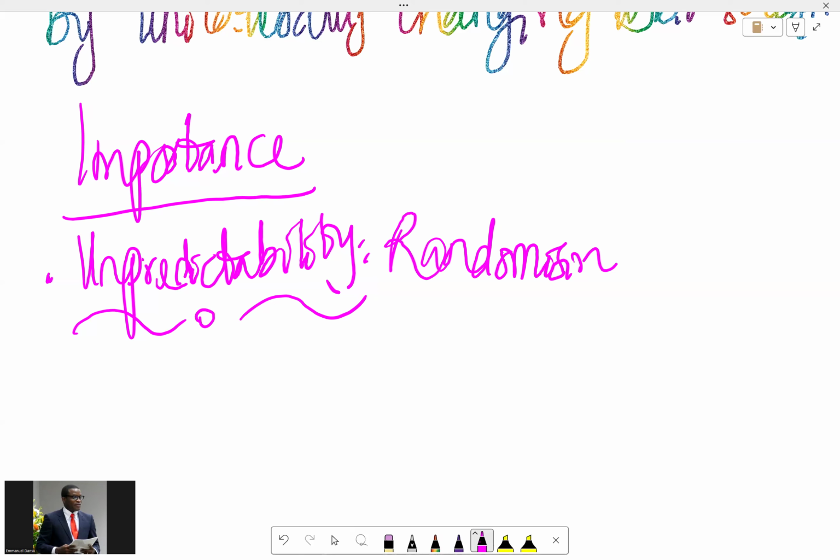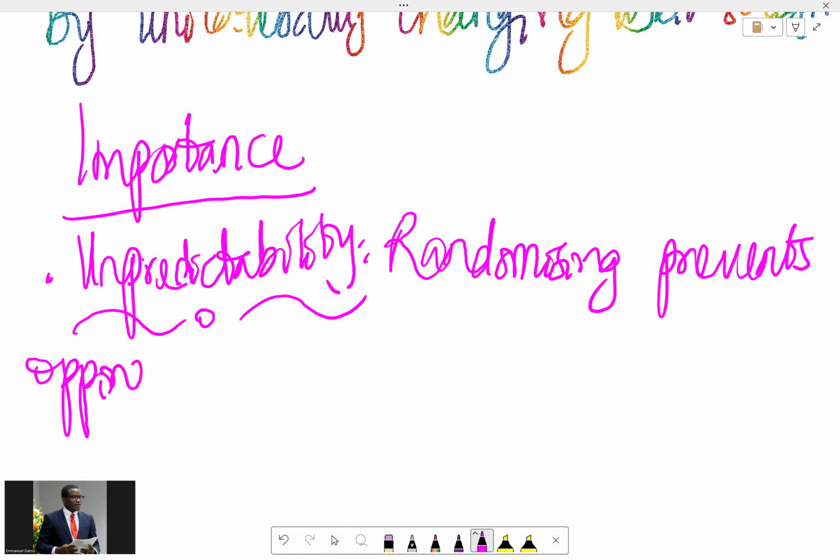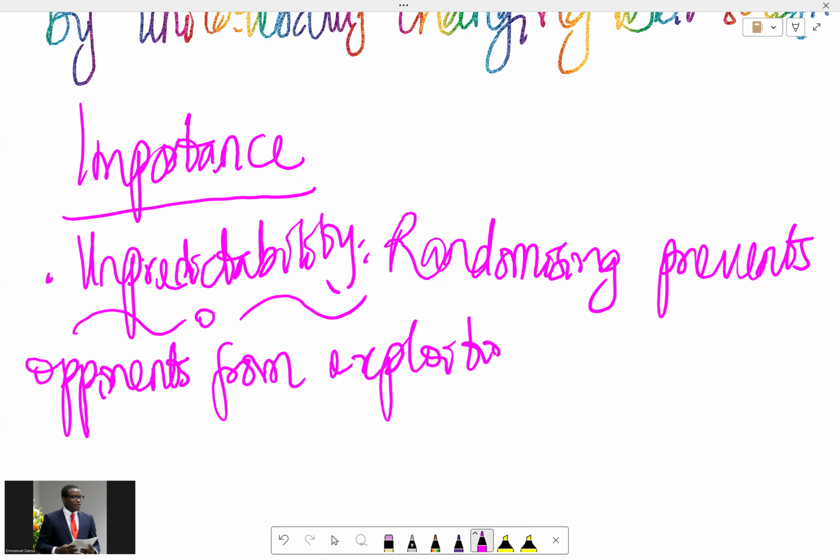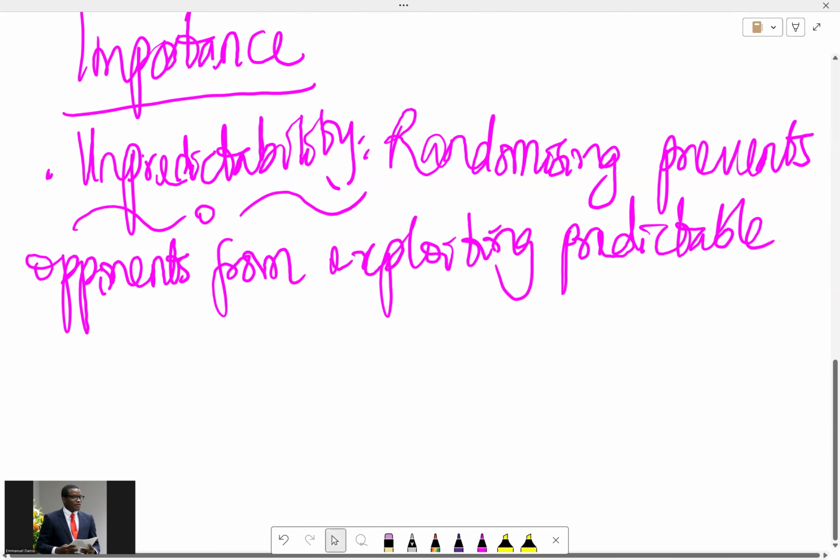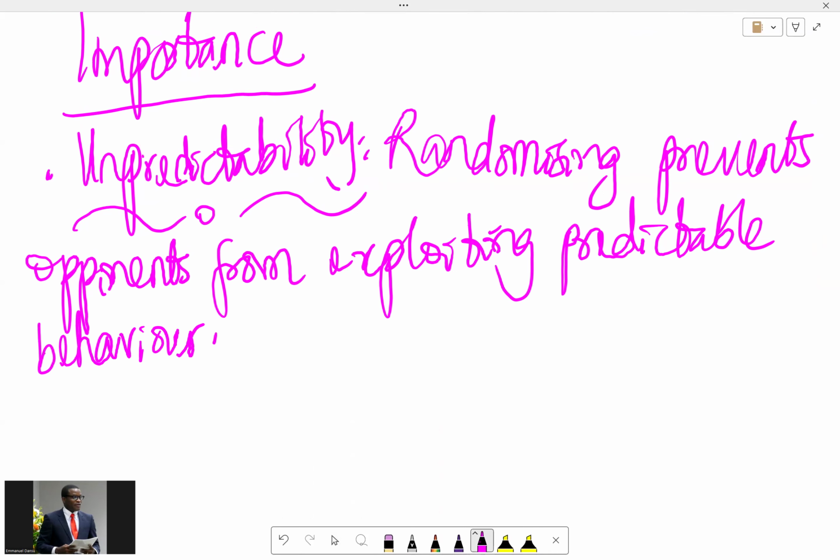Randomizing prevents opponents from exploiting predictable behavior. So that's the importance of mixed strategy, right? The opponent doesn't know necessarily what you will do for sure.